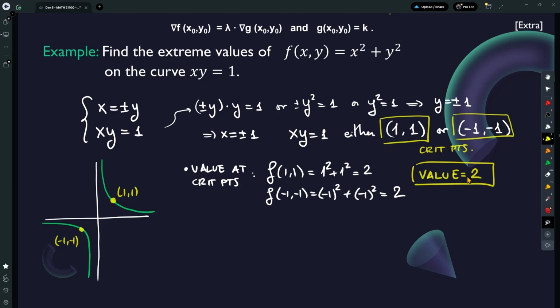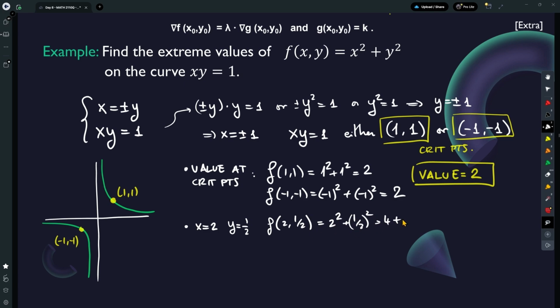So how do I decide that? Well, I can, for example, look at the values at other points. So what happens, for example, when x is 2 in that hyperbola, y would be 1 over 2. So at the point 2, 1/2, I get 2 squared plus a half squared.